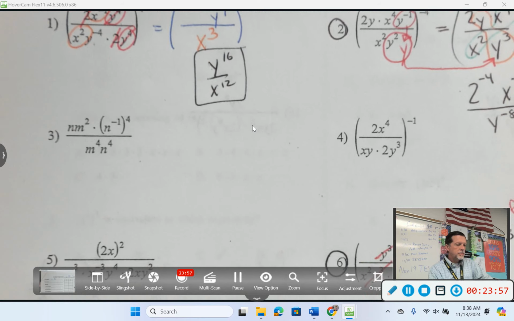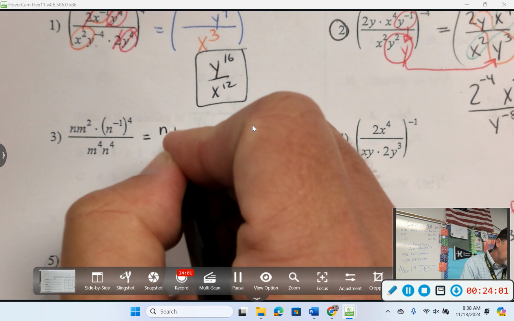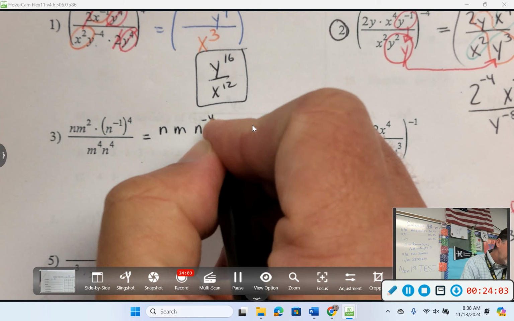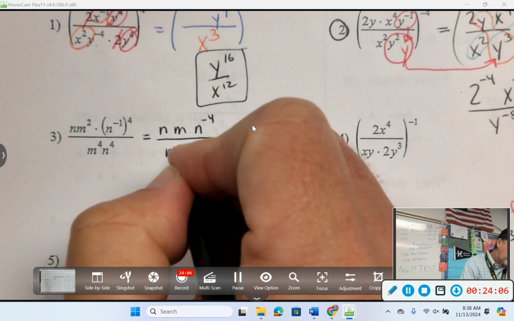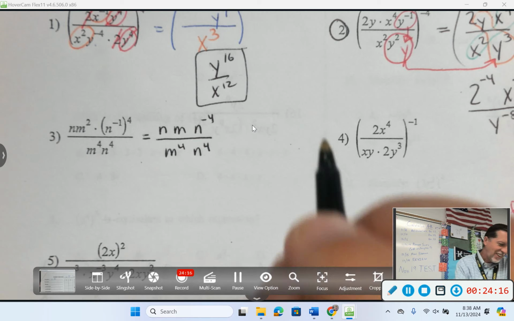The n can still combine with the m's. There are so many mistakes that can be made, so many steps. That is absolutely true.